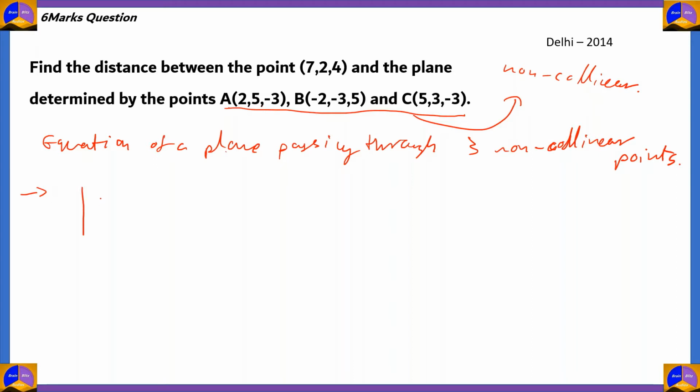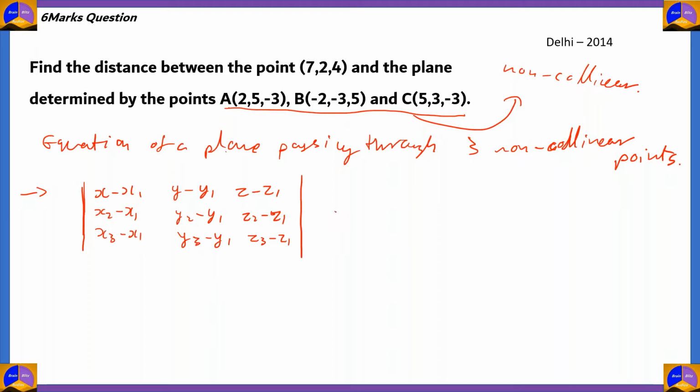That formula is the determinant with first row x minus x1, y minus y1, z minus z1, second row x2 minus x1, y2 minus y1, z2 minus z1, and third row x3 minus x1, y3 minus y1, z3 minus z1. So these are a set of 9 elements. We're taking their determinant, and that determinant will be equal to 0. And this is the equation of a plane passing through three non-collinear points.